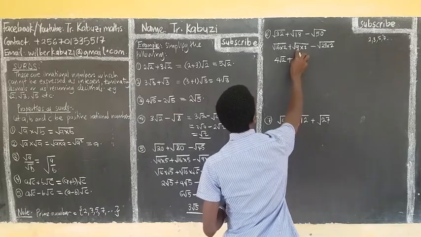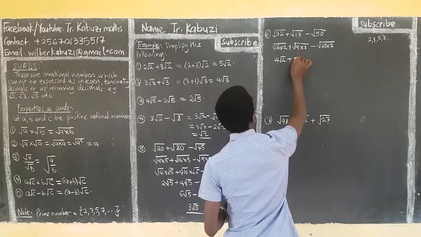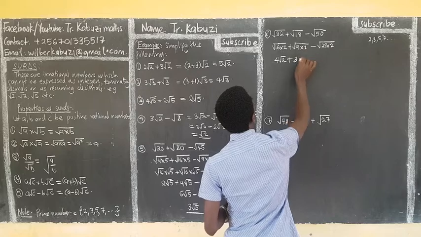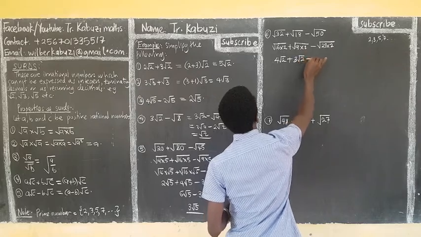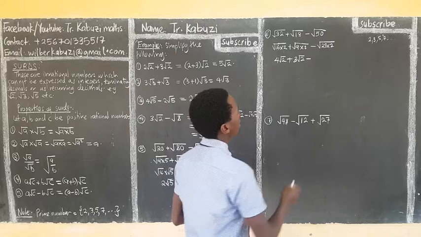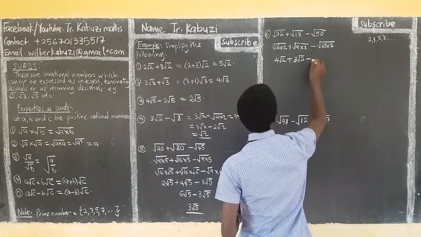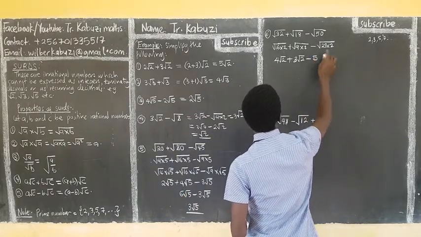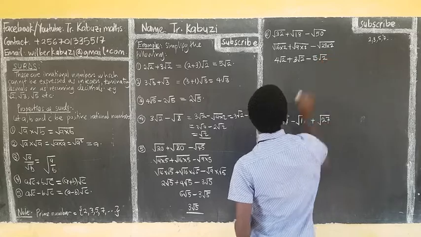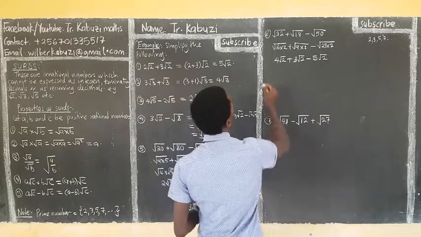Then plus, square root of 9 is 3. Then square root of 2 is irrational. Square root of 25 is 5. Square root of 2 is root 2. As simple as that. Then you simplify.